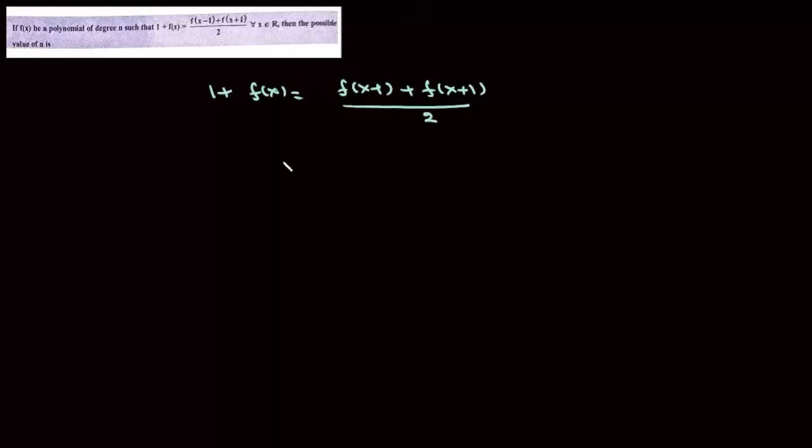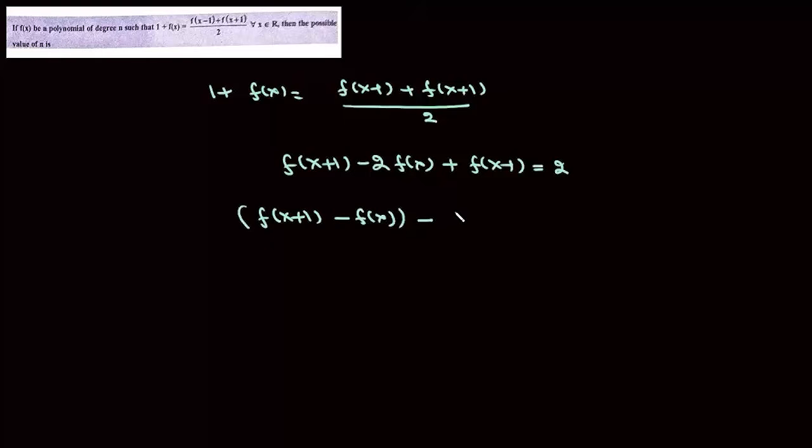Now, we can write this as f of x plus 1 minus 2f of x plus f of x minus 1, and it'll be equal to 2. Now this is f of x plus 1 minus f of x, and then minus f of x minus f of x minus 1, and it is equal to 2.